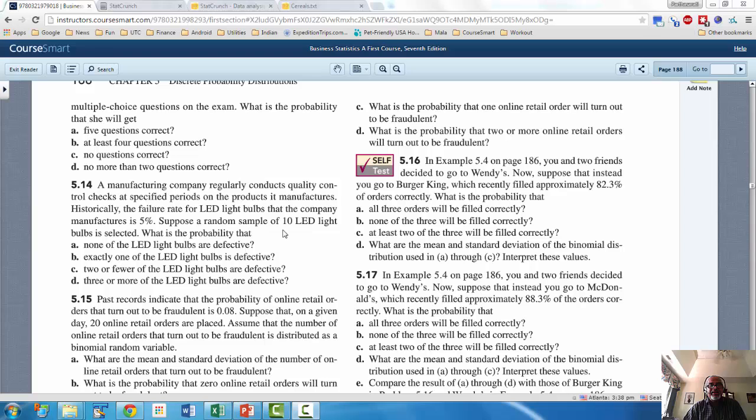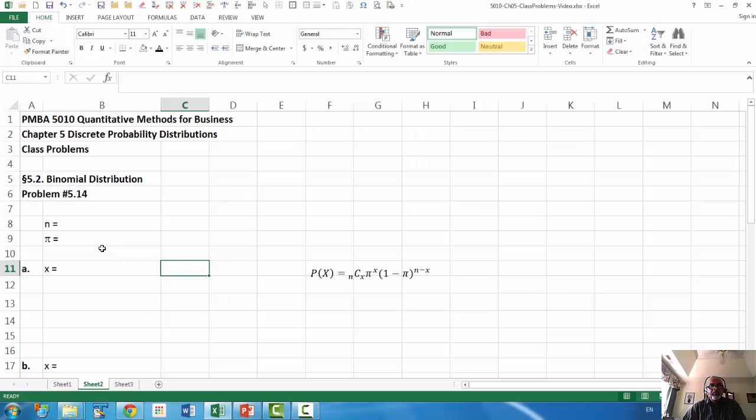Now we select a random sample of 10 LED lights and we want the probability that none of them are defective, exactly one is defective, two or fewer, or three or more. So we want these probabilities. Let's go to Excel.